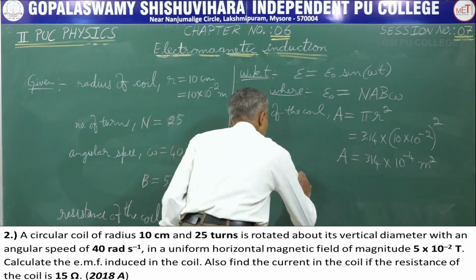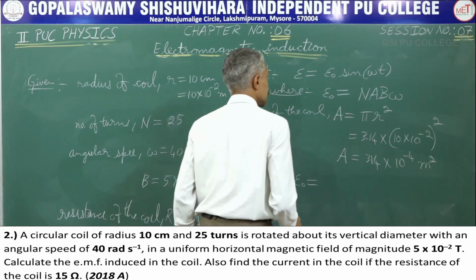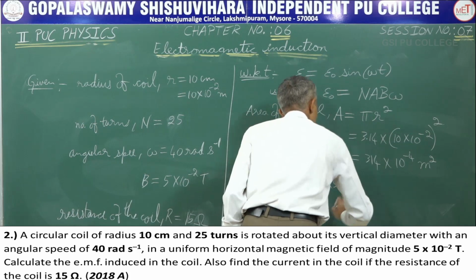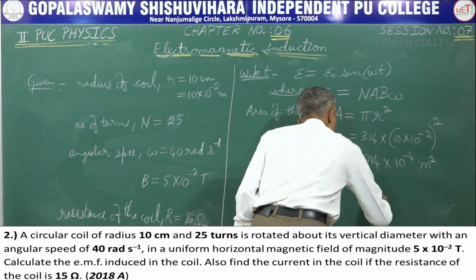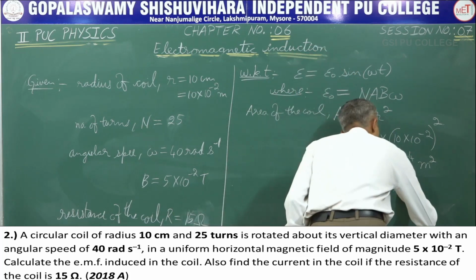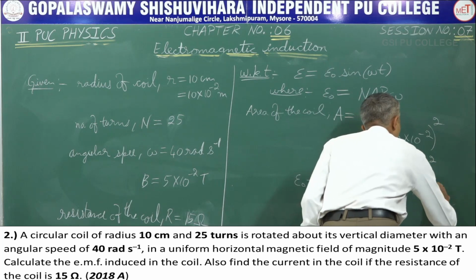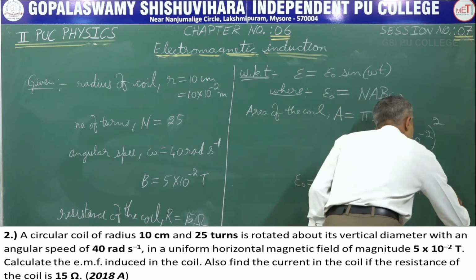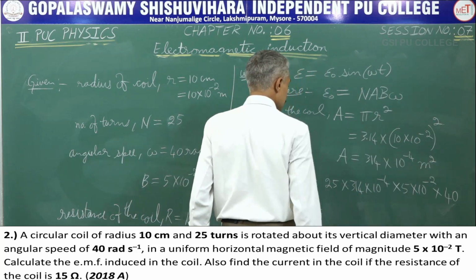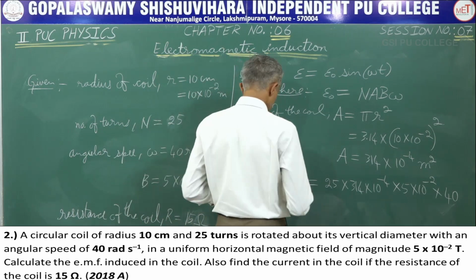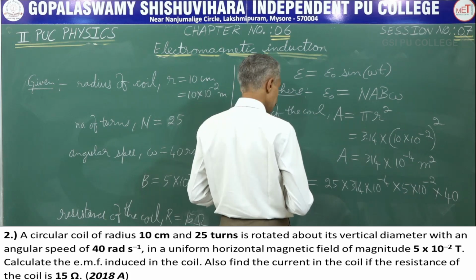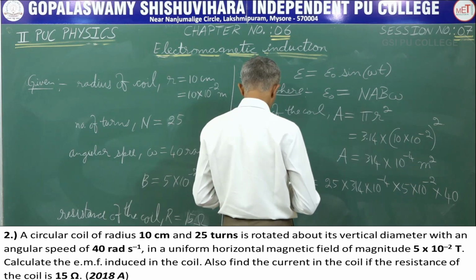Now I can find out epsilon naught, which is number of turns 25 into area 314 into 10 to power minus 4 into magnetic field 5 into 10 to power minus 2 into omega, which is 40 radian per second. So on solving this, let us calculate 25 into 314 into 5 into 40.